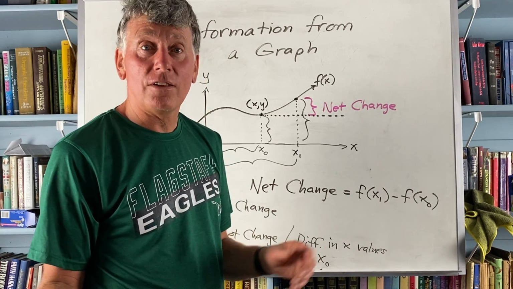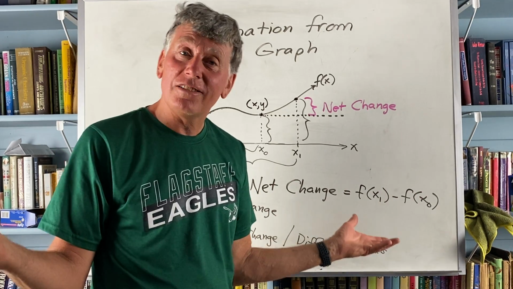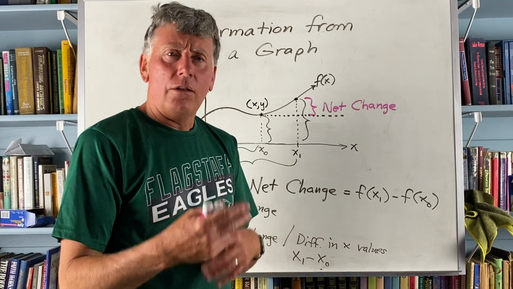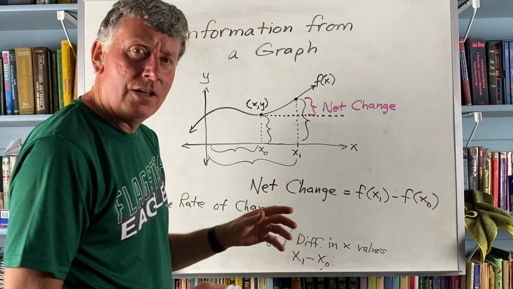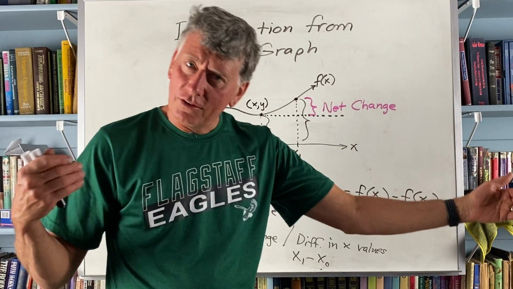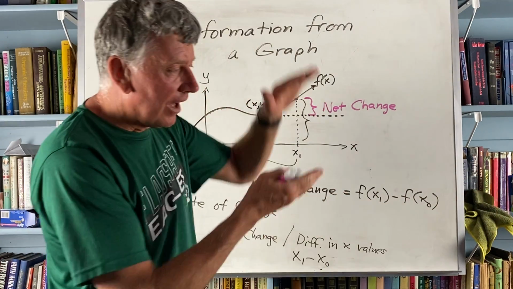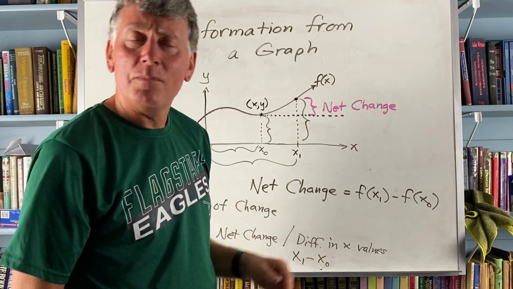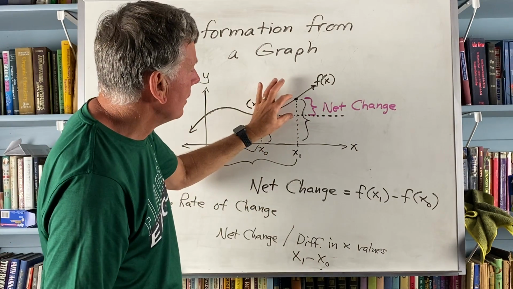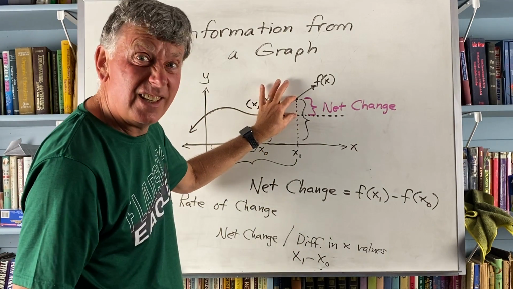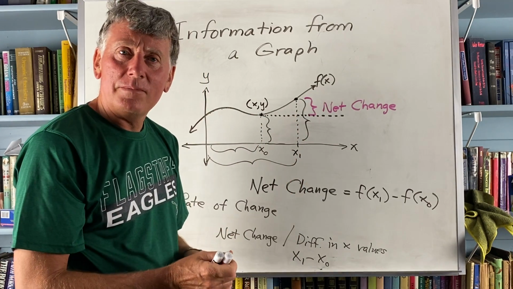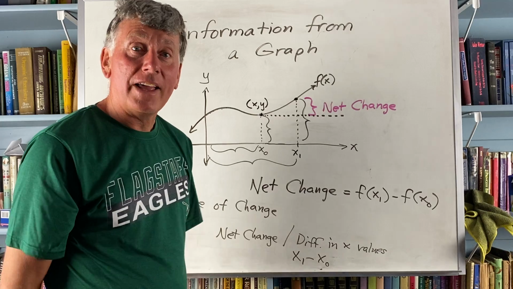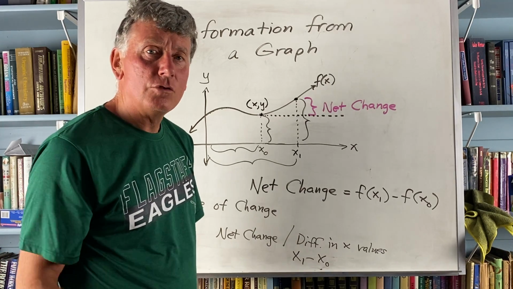You're going to be going slower sometimes. You get stuck behind a semi. All these things come into play, but at the end, you've gone the full distance and you divide it by the full amount of time. Same thing here. I divide my distance vertically and I divide it by the distance horizontally. And that gets me my average rate of change. We'll do more on this.